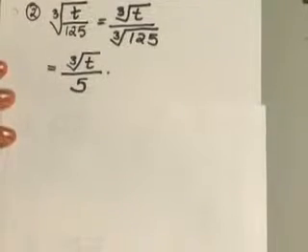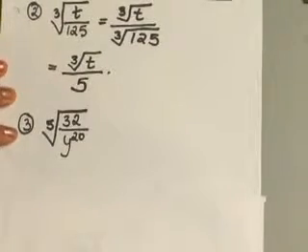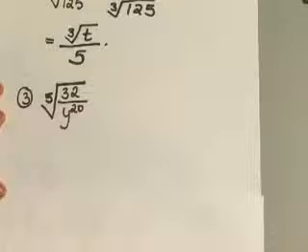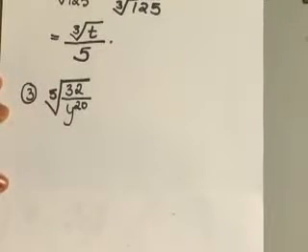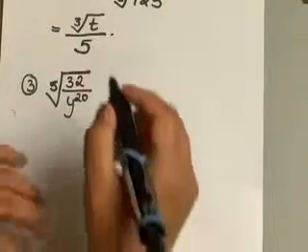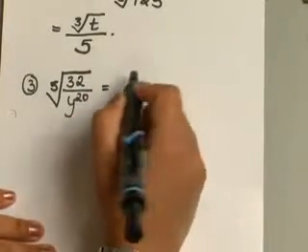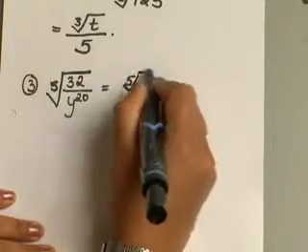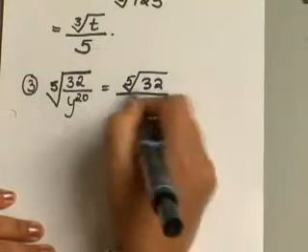example here. Okay, now let's go ahead and look at another example. We have fifth root of the quantity 32 over y to the 20th. Again, go ahead and split up your numerator and denominator.